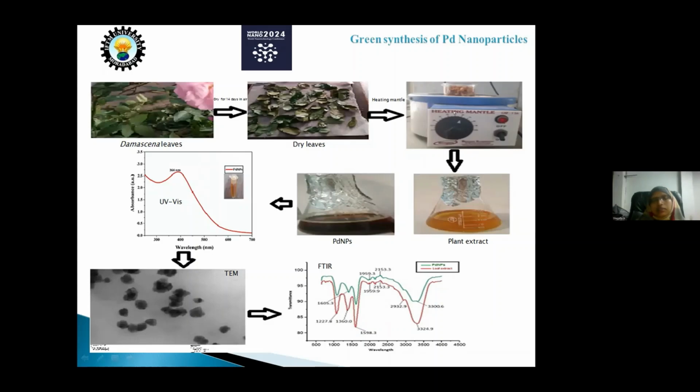The leaves are ground into a very fine powder. A 10-gram measure of the plant leaves is heated using a heating mantle for 20 minutes at 60 degrees Celsius.